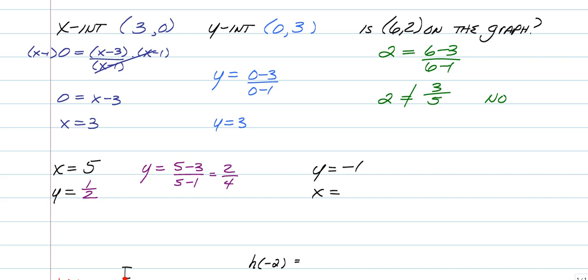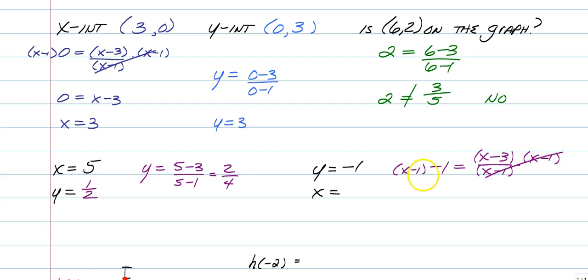When you're working the other way around and you're given y, that is negative 1 is equal to (x minus 3) over (x minus 1). Just like we did in an earlier example, if it helps you to write those in parentheses, go for it so you remember to distribute. We're going to multiply both sides by the denominator to get it to go away.